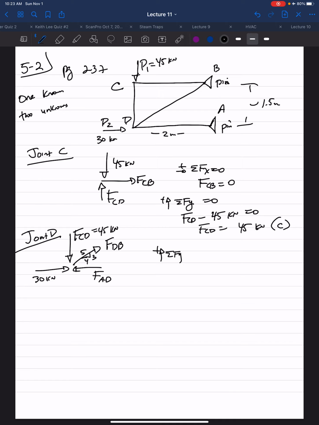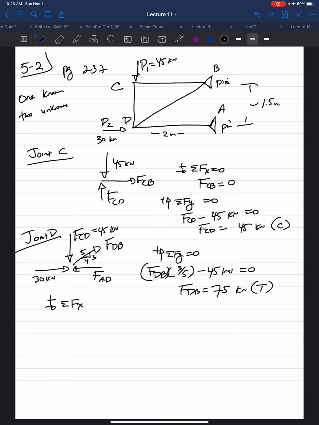So we take the sum of our forces in the Y direction. You have your FDB times 3/5, which is the vertical component of FDB, minus the 45 kilonewtons. FDB is 75 kilonewtons, and it's pulling from the joint D, so it's in tension.